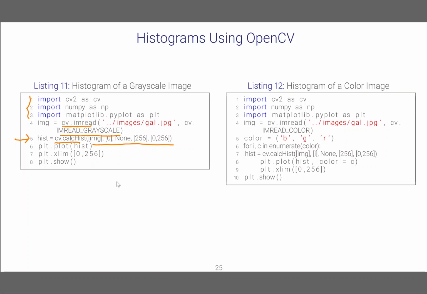If you open the image as a color image, then you have the BGR colors. For each of the colors, I want to extract the histogram.